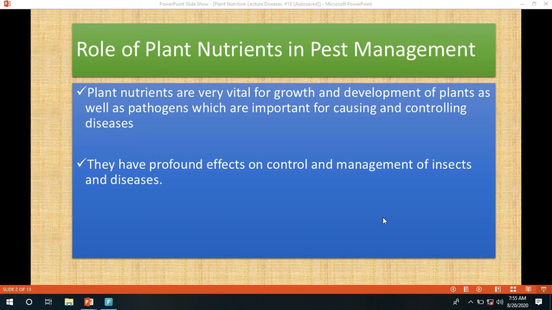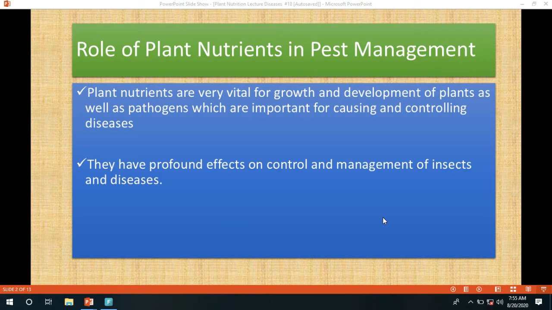Now we want to discuss how these elements influence the management, that means infestation and control of plant disease, insect attack and other problems like weed infestation, etc.